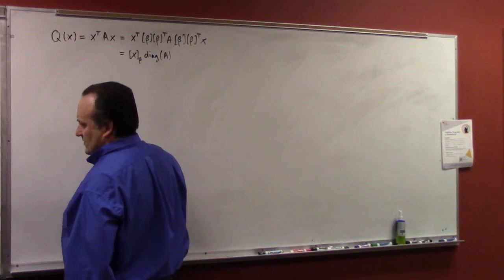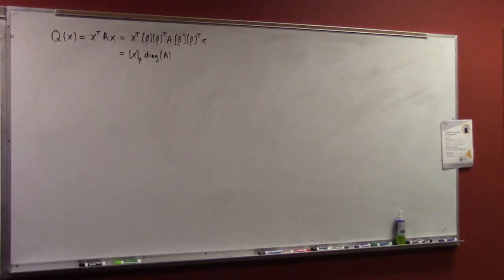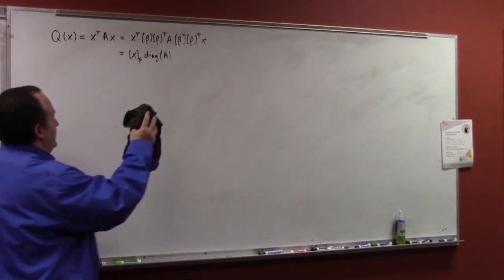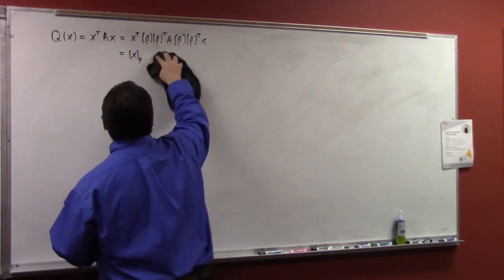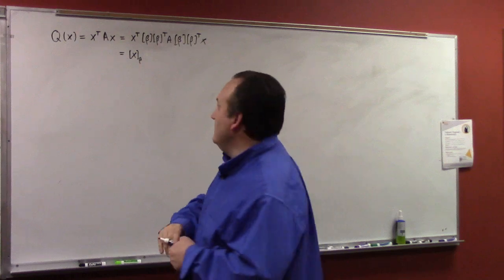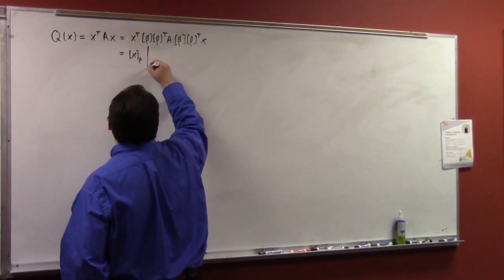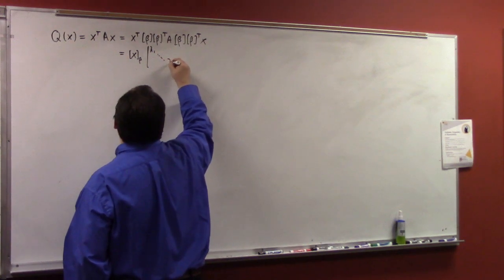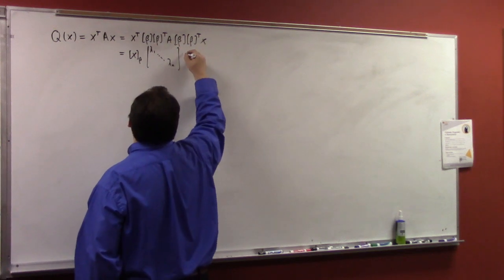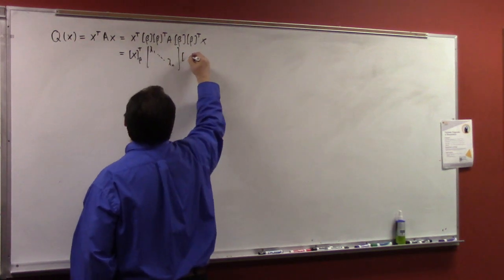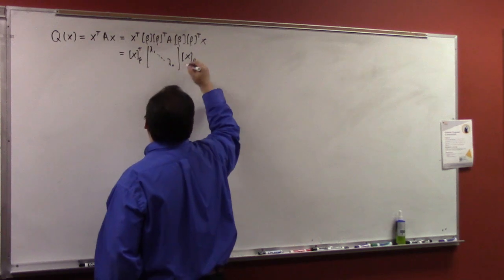Maybe I haven't used that notation. Let me not do that. But it's precisely, assuming here that beta is the orthonormal eigenbasis for A, then that is lambda 1 through lambda n on the diagonal, and there's a transpose here, x beta.